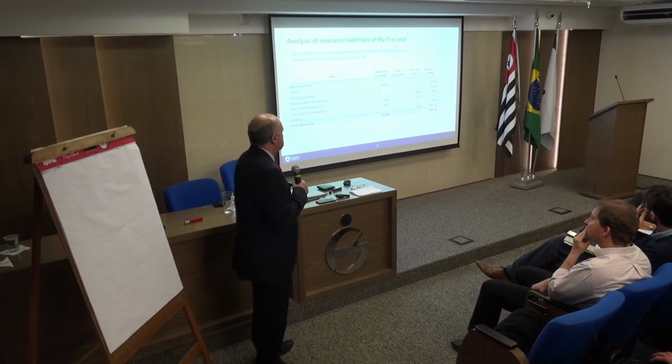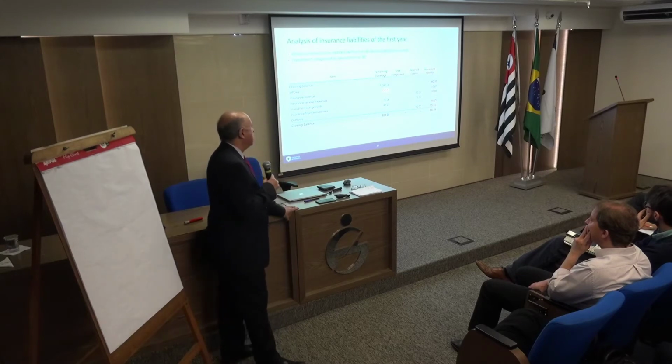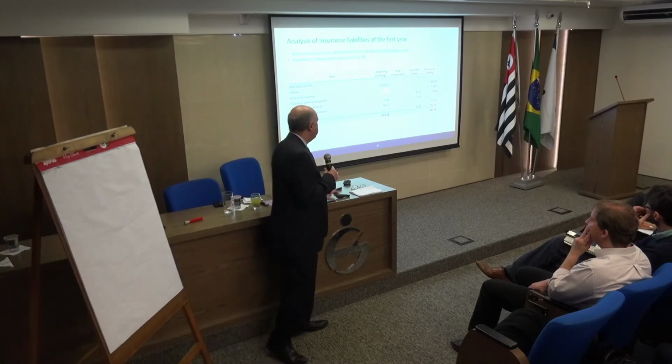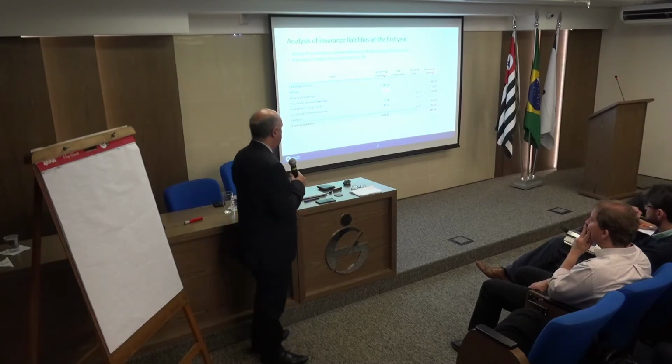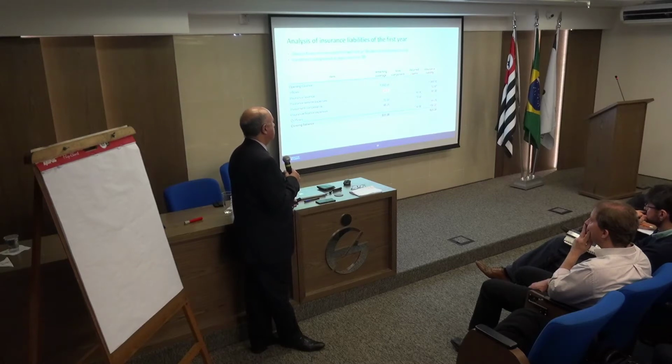Okay, and then notice that for the investment component, you have a minus 70 and then a plus 70 in incurred claims here. At the end, you will have your outflows of 150, and that's it. I think it's going to be more interesting when we calculate the loss component.